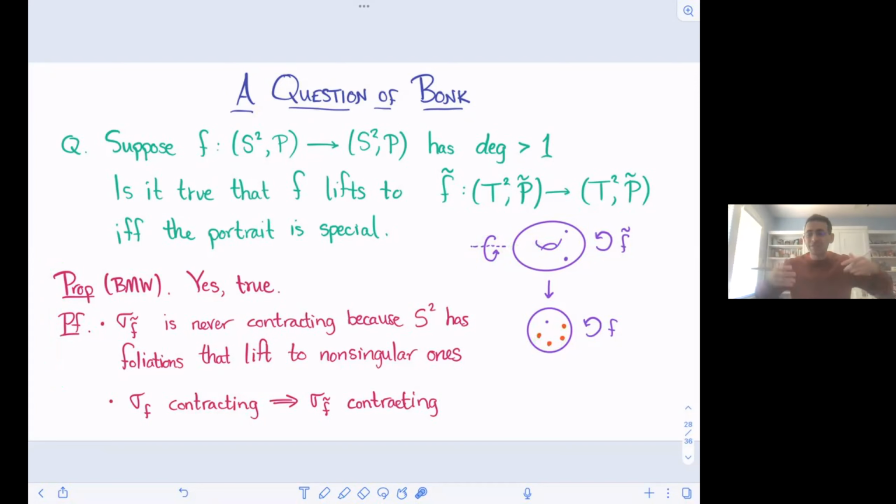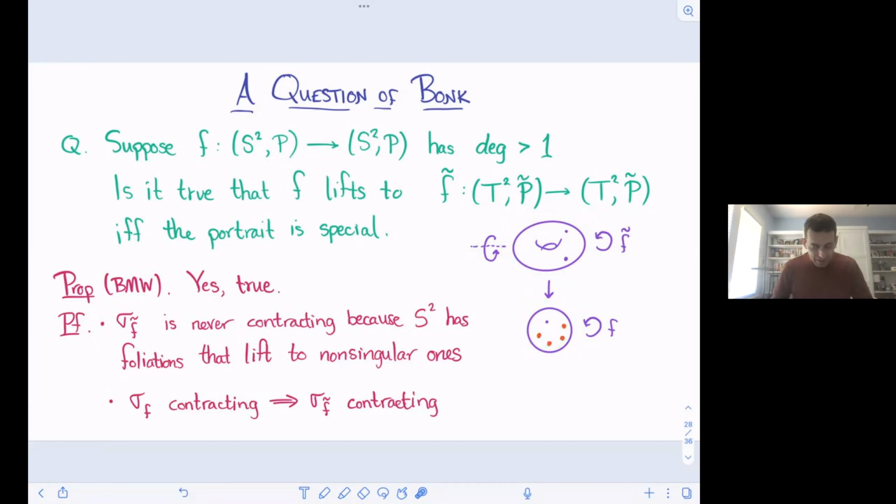Under the hyperelliptic involution, those unfold to become non-singular points, right? Degree 2, which is non-singular. So whenever you lift from the sphere to the torus, the pullback map is never contracting. Okay, the pullback map for a lifted map. So if you take an F downstairs and lift it up to the torus, the pullback map is never contracting because you have these directions where all of the singularities are here, which lift to regular points here.